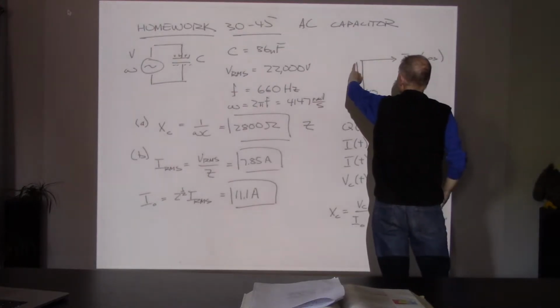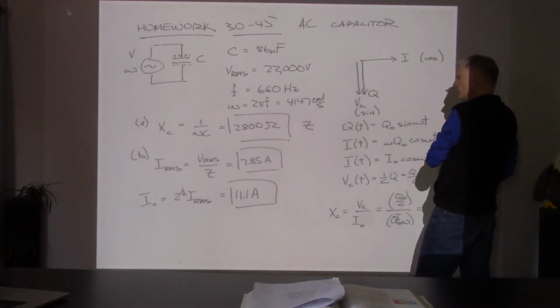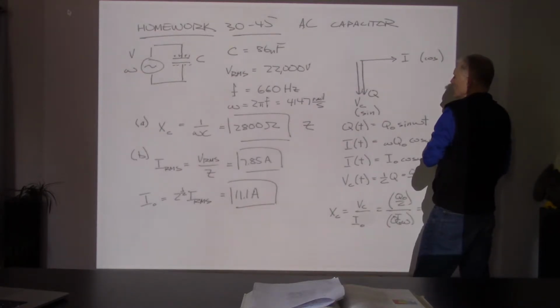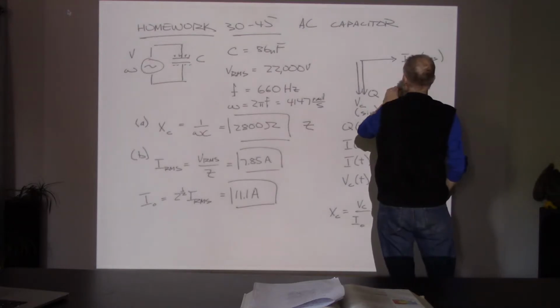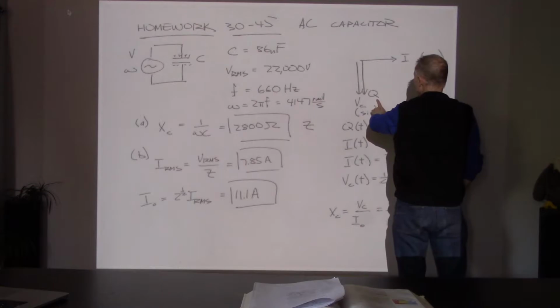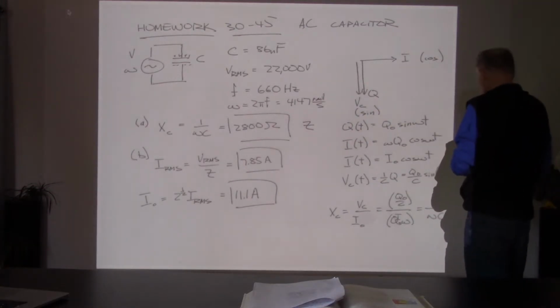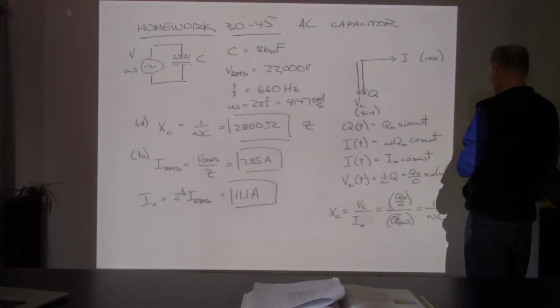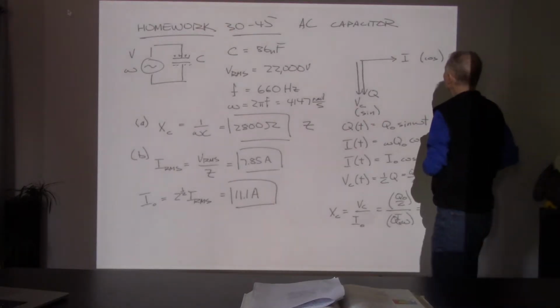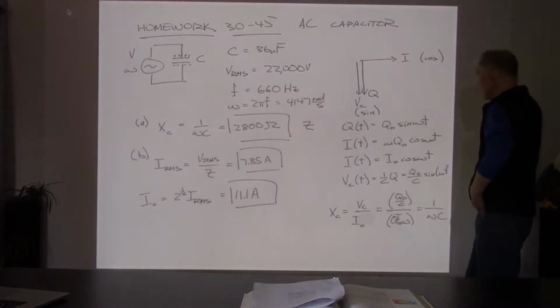And then the RMS value of the charge, or peak. Conceptually, what's the better way to do this? Everything's proportional. So, yeah, let's try RMS and see where that gets us. So this is the RMS value for the current, and RMS value for Q, and RMS value for the voltage over the capacitor, or peak, either one. They're going to be out of phase, and that's what this is keeping track of for us.